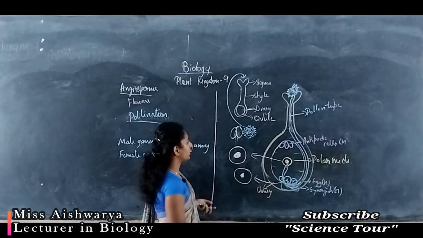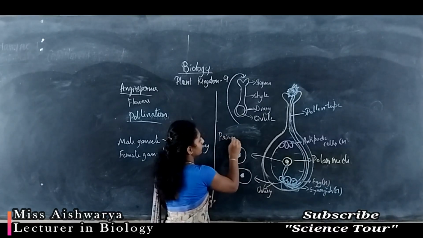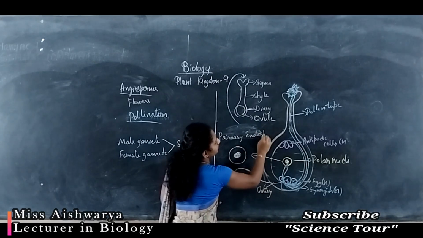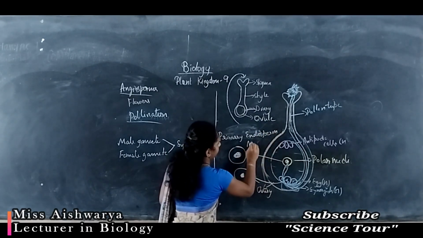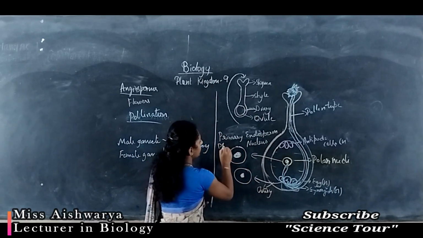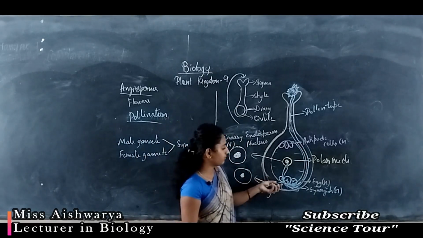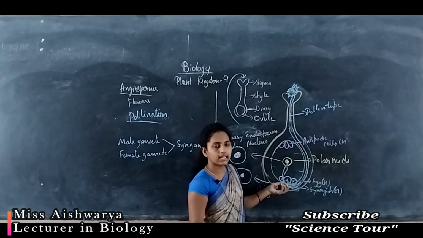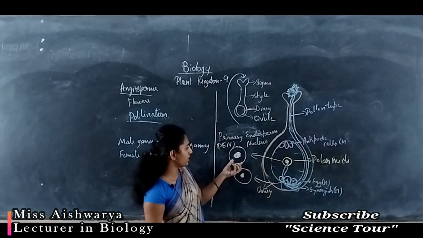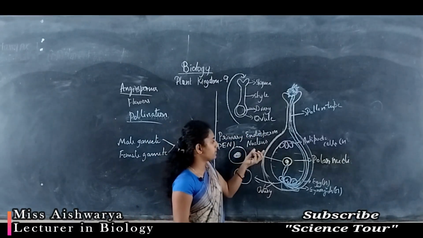This cell we call the primary endosperm nucleus. This is nothing but PEN, primary endosperm nucleus. This triploid cell we call as primary endosperm nucleus.